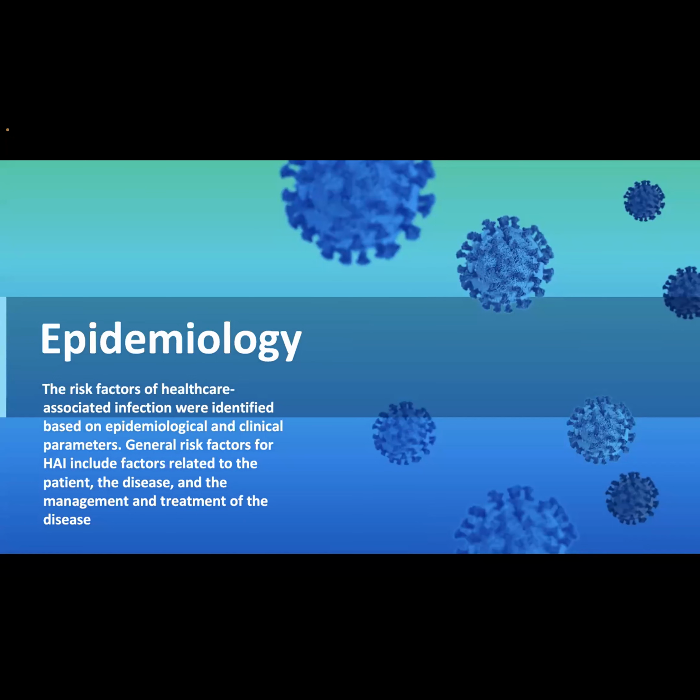The general risk factors for healthcare or societal infections include factors related to the patient: the state of the patient, the history of the patient, whether the patient has any history of disease, and the patient's immunity. They also include the disease itself, the type of the disease, how to deal with this disease if the patient has another disease as well, and the management and determinants of this disease.